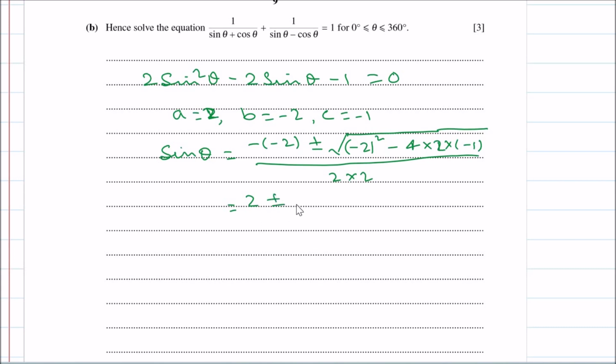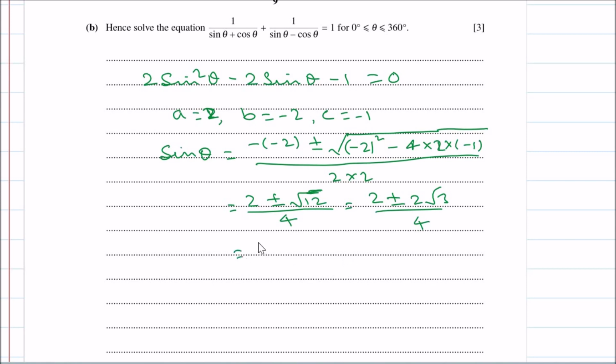If you simplify this, we get root 12 divided by 4. And if you simplify this, we get 2 plus minus root 12, which is 2 root 3, divided by 4.